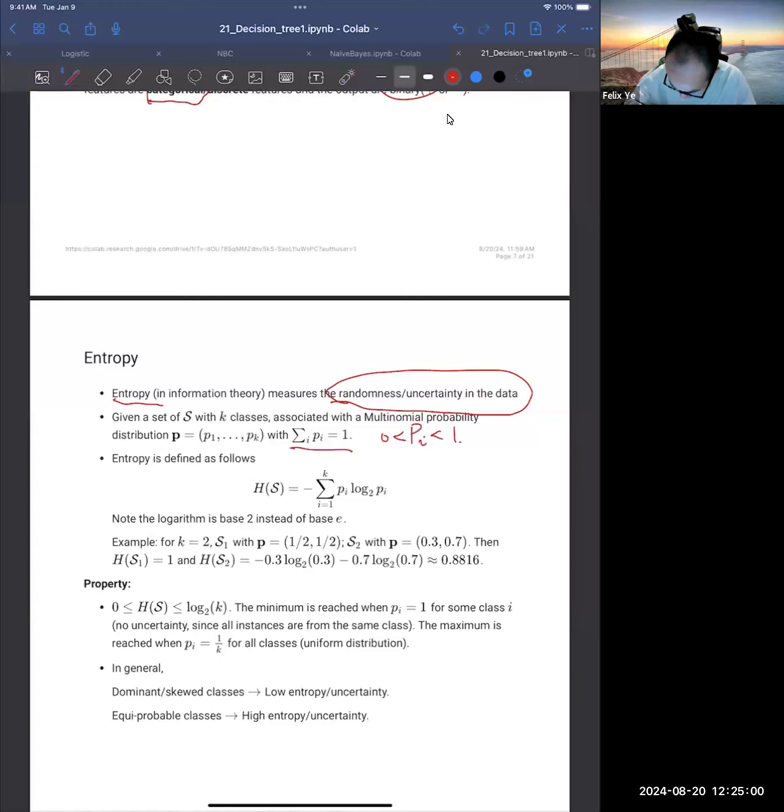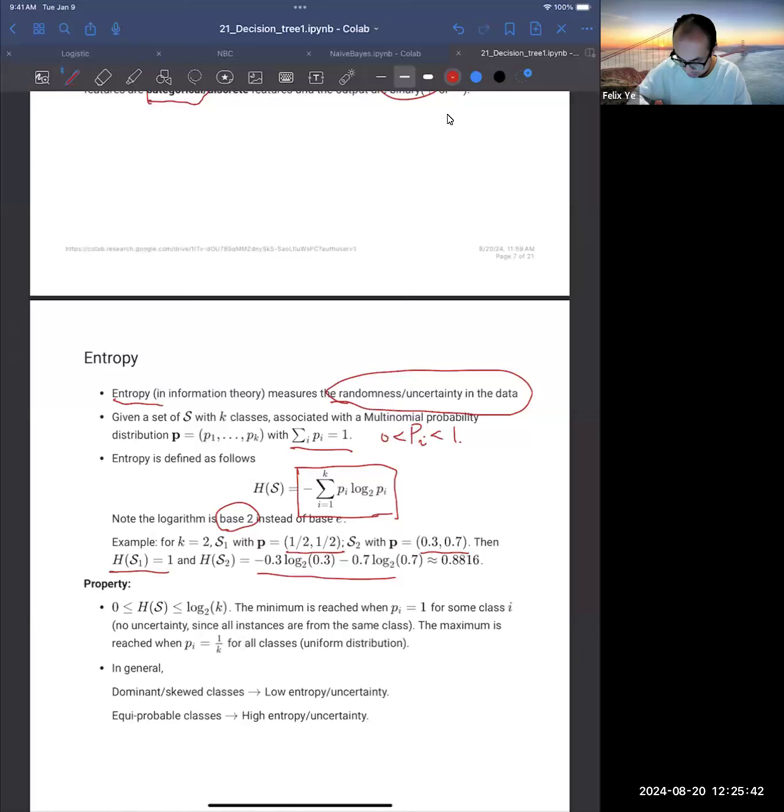The entropy is defined as follows: it is the negative sum of Pi log Pi, where the logarithm is base 2 instead of e, since we are working with binary. For example, compare probabilities of half and half versus 0.3 and 0.7. The first gives an entropy equal to 1, while the second is approximately 0.88.